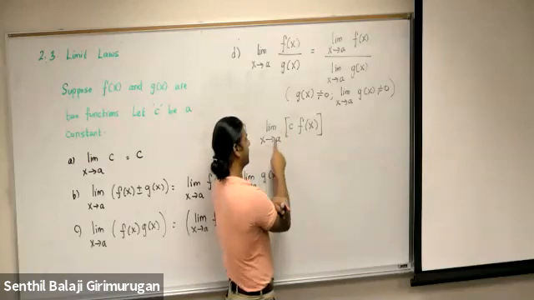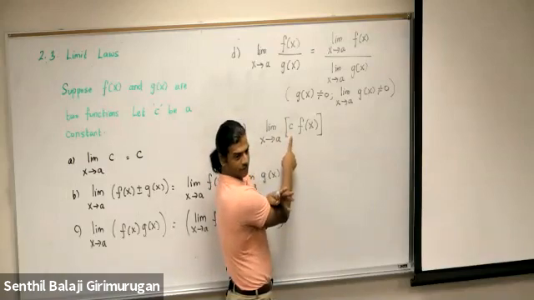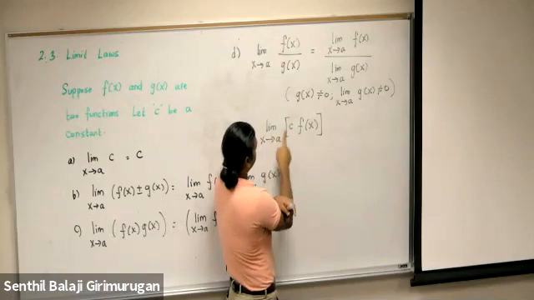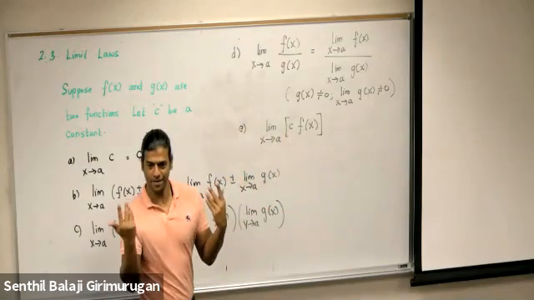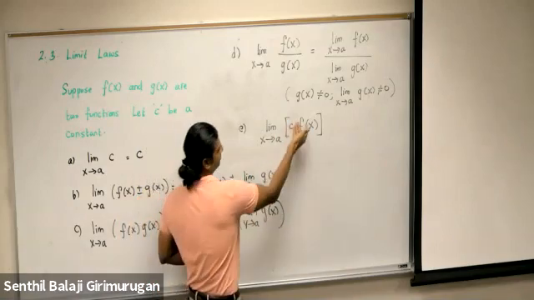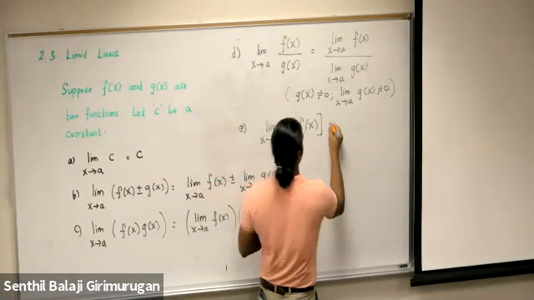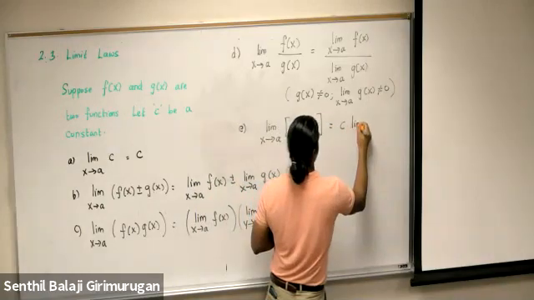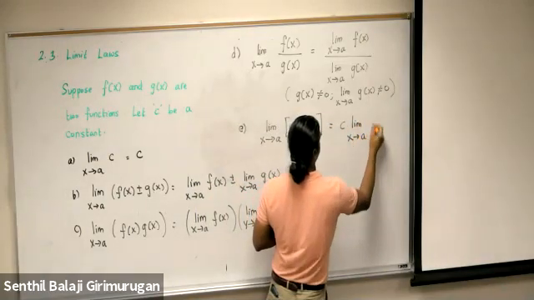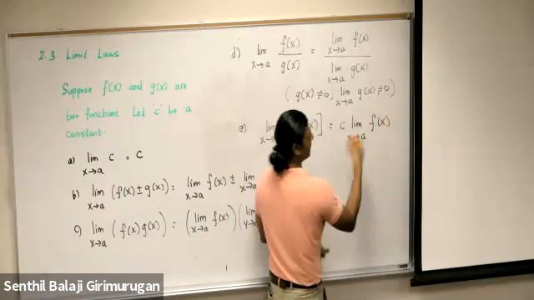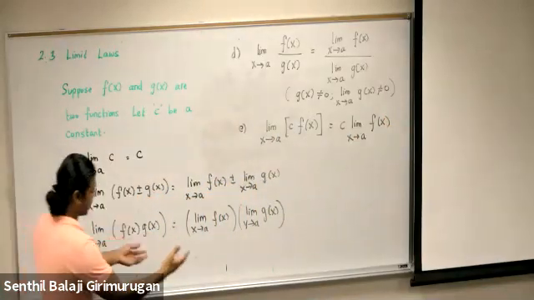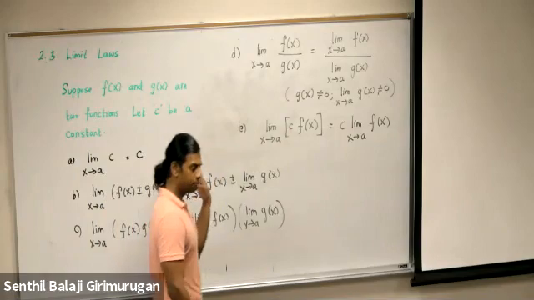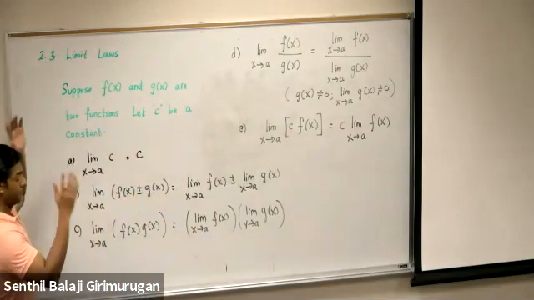So this limit is not going to affect that constant. So whether I apply this limit to C or not, C is going to be C. So I can pull that number out and write it that way. So if you have a constant, you can pull it out of the limit.